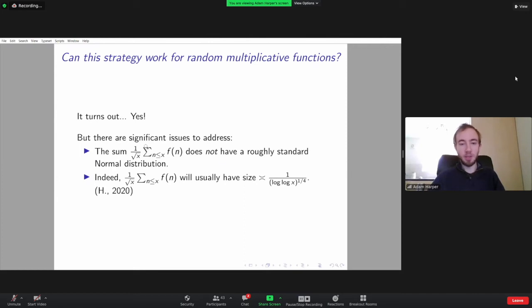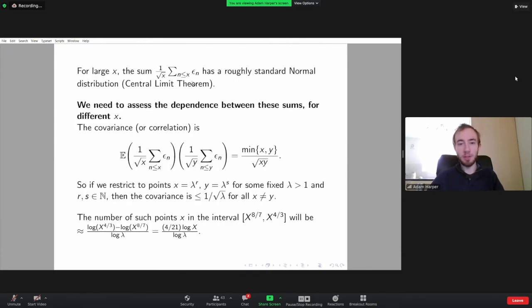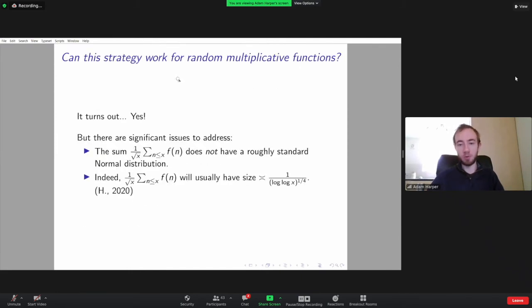The biggest one is that if you look at the partial sums of the random multiplicative function and you rescale in the obvious way, by the standard deviation, this does not have a roughly Gaussian distribution. Remember before, when we were looking at sums of completely independent things, this was roughly Gaussian. It's not in the random multiplicative case. That's not obvious, but it's true. In fact, if you rescale by square root of x, this thing will usually have size like 1 over log x to the 1/4.